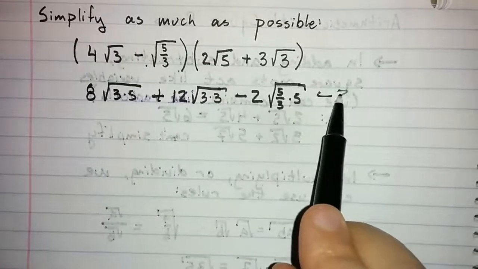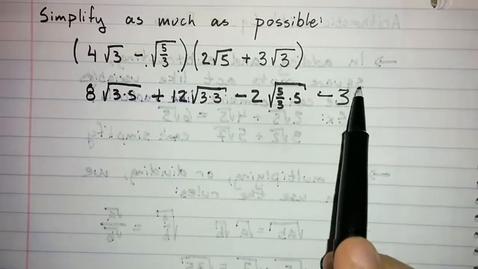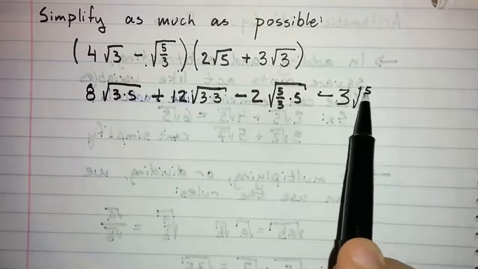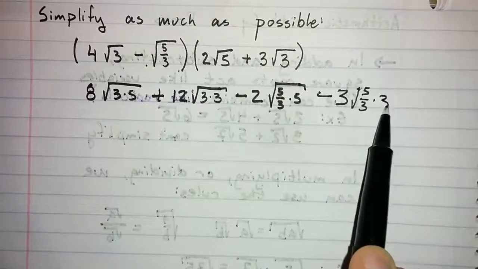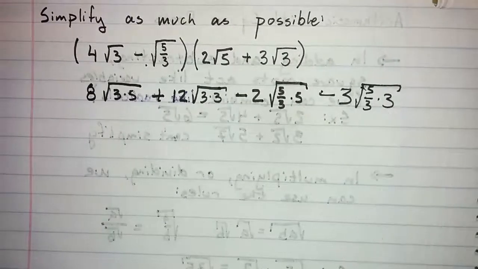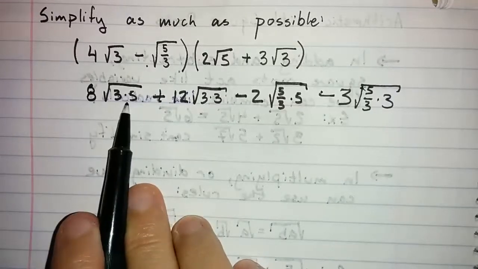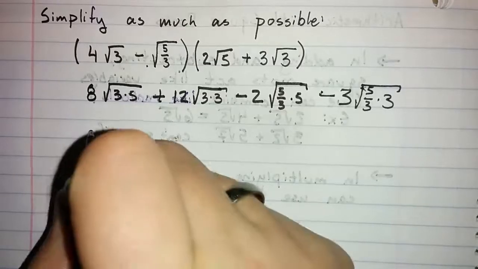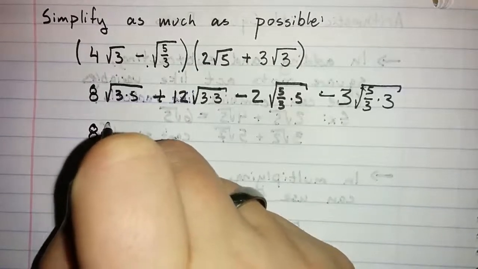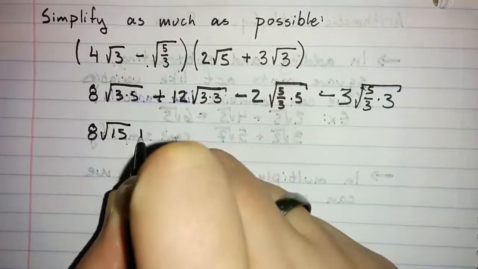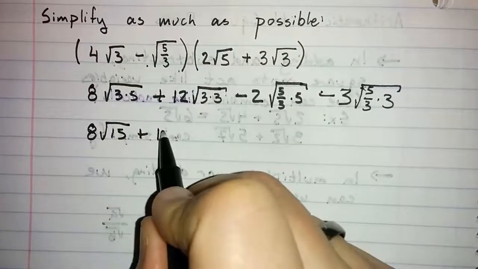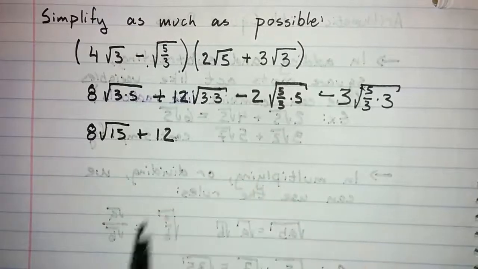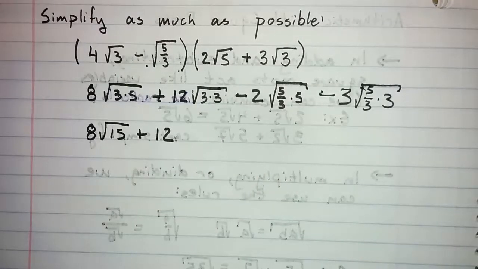Minus 3 root 5 thirds times 3. All right, what can we do here? Well, 5 times 3 is 15. Not much else we can do there. 8 root 15 plus 12. 3 times 3, that means 3 squared.